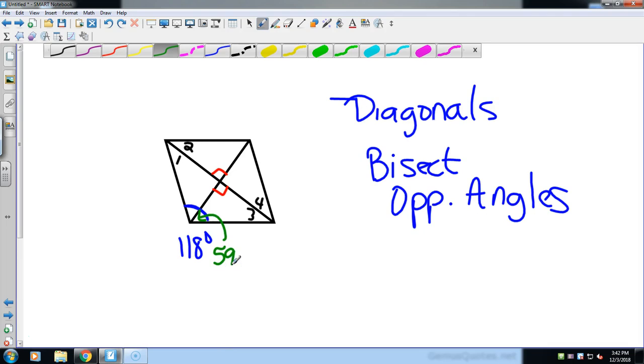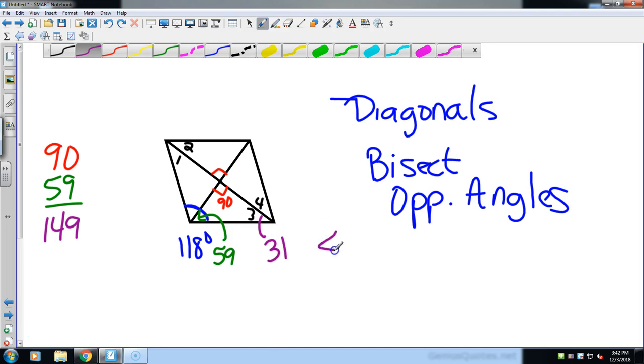So I've got this little right triangle where I have a 59 degree angle and a 90 degree angle, and so if I've got 90 and 59, that's going to give me 149, which means this missing angle right here has to be 31.